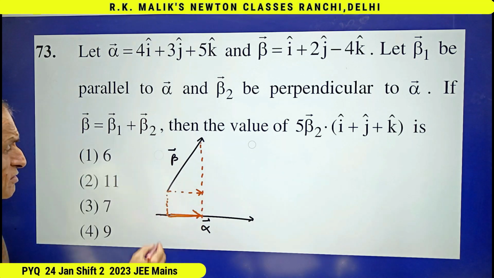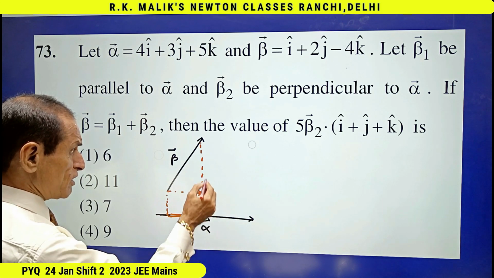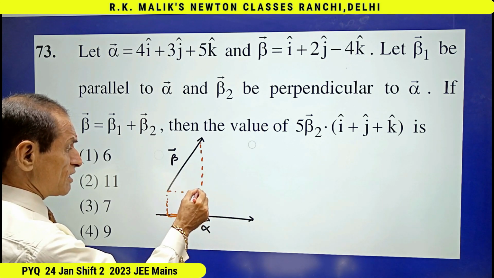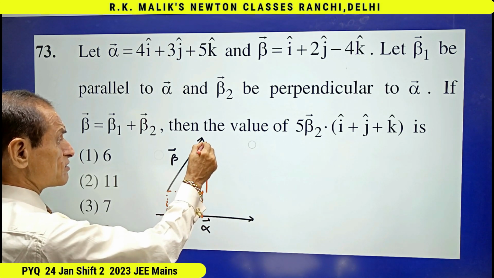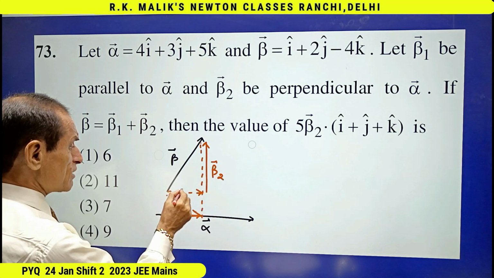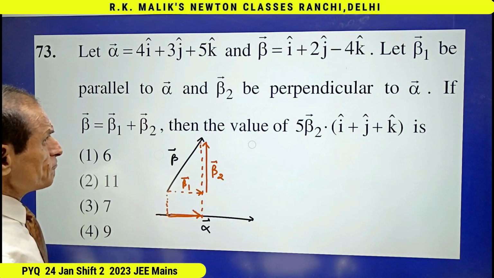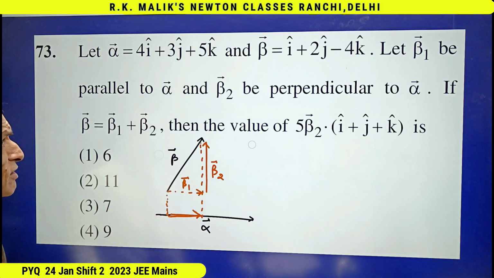That is, I can say this is a vector which is parallel to alpha, and according to triangle law of addition, this can be taken as beta 2 and this can be taken as beta 1 because these two vectors are satisfying the given condition also.